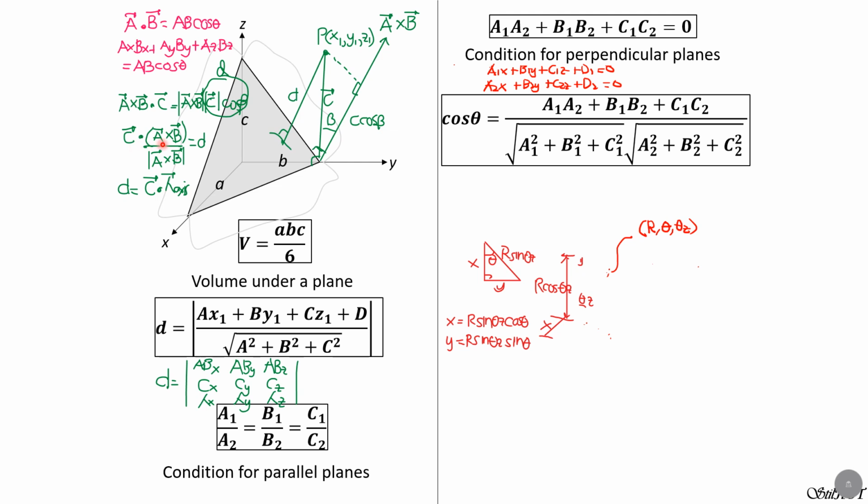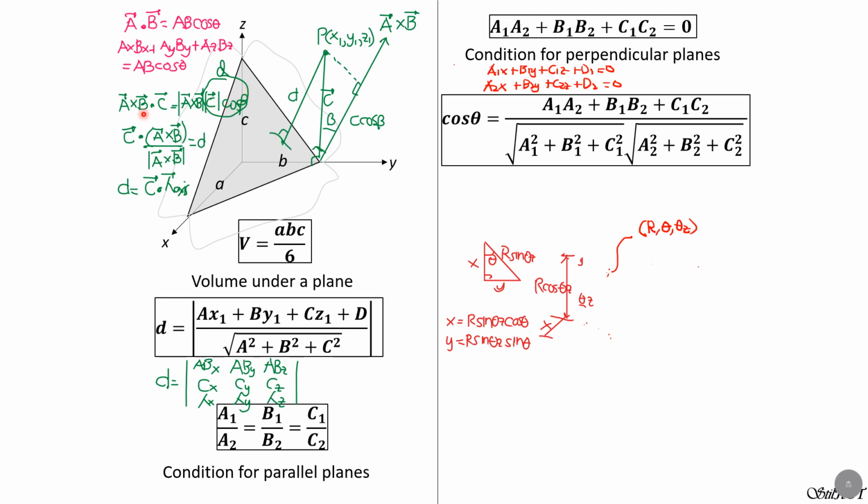So C dot quantity A cross B, this is just one vector dotted with C. The expansion will be the same as this, magnitude of the first times magnitude of the second times cosine of the angle between them. Then the magnitude of C cosine of beta is interpreted as this perpendicular distance of this point from that plane. So this is D.